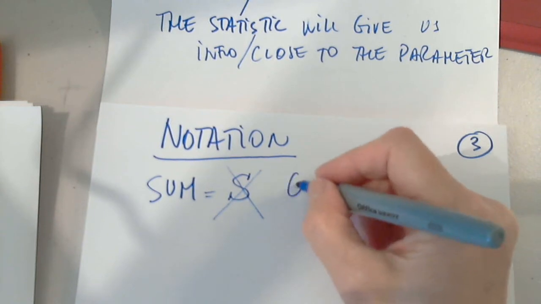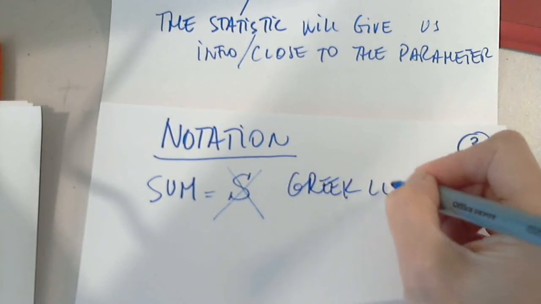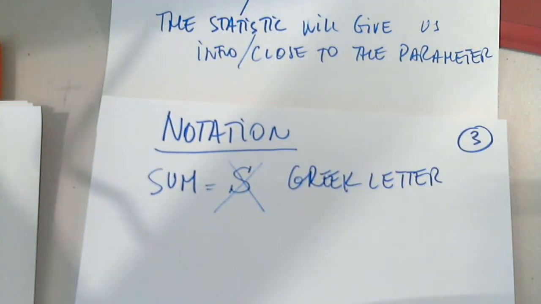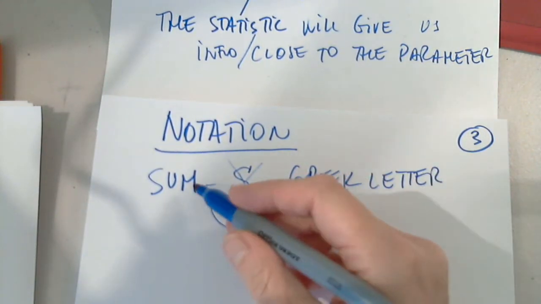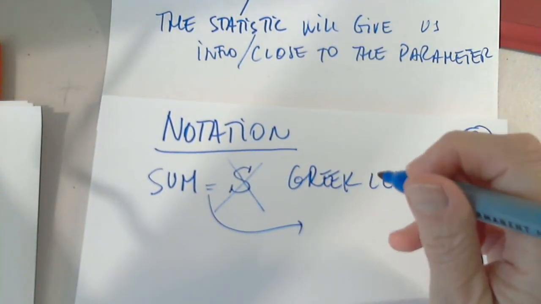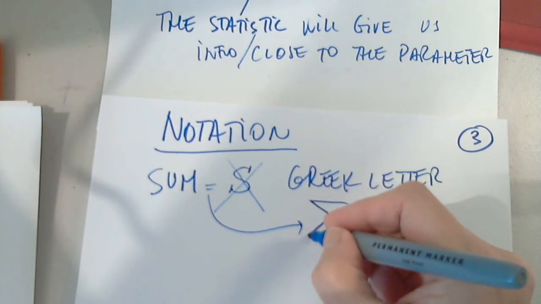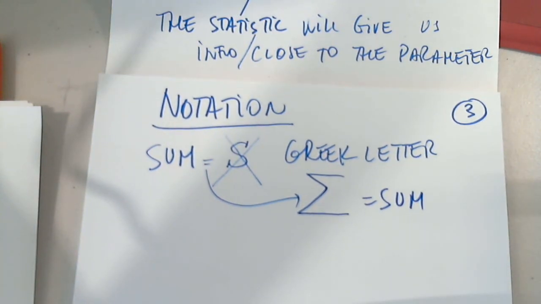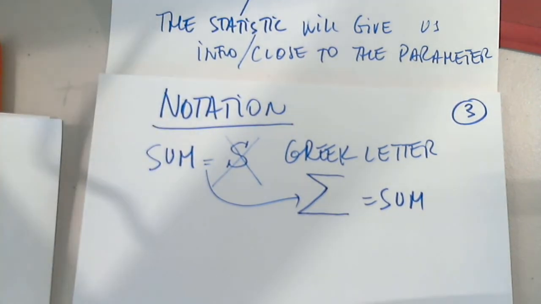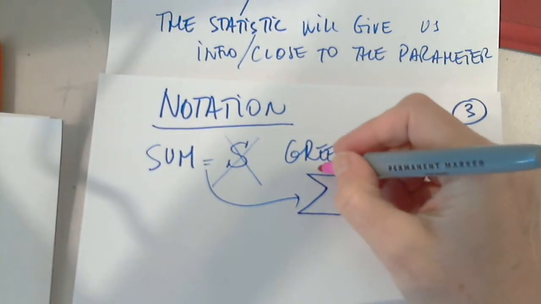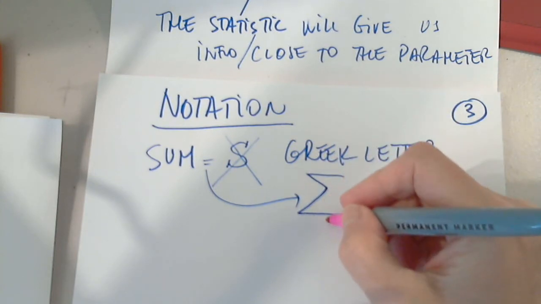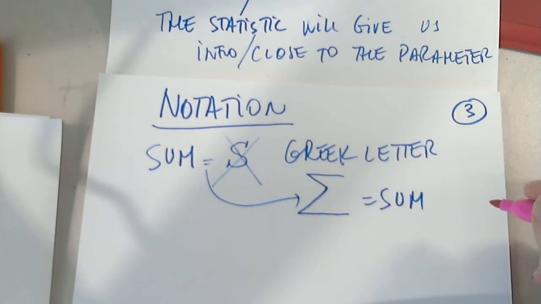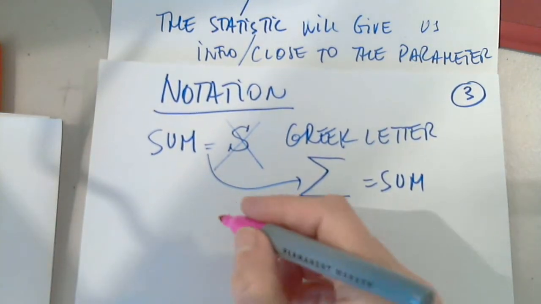We will use a Greek letter, which is also S, the sum, and here's the way it looks. So this is still the sum. Why do we prefer this versus that? For many reasons, but one important reason is that the top and the bottom will have some information.